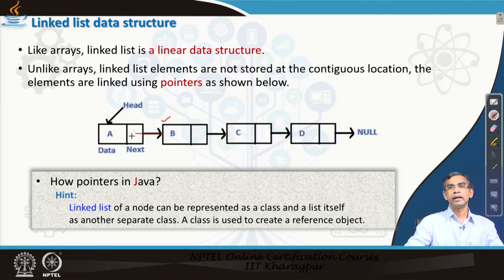Now in Java there is no concept of pointer. Pointers are possible in C or C++ programming, but not in Java. So there is again the question of how we can handle the pointer business in this linked list implementation.